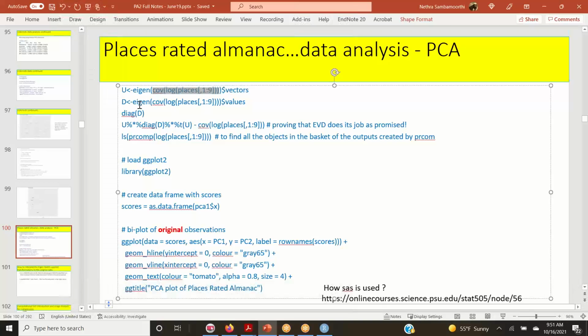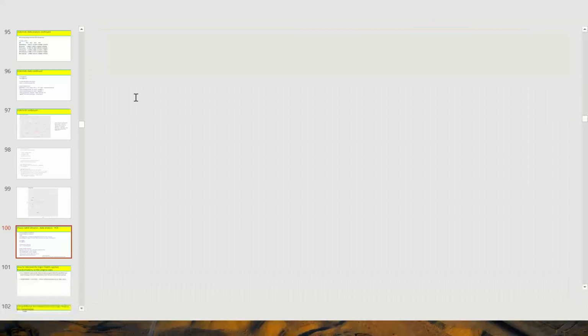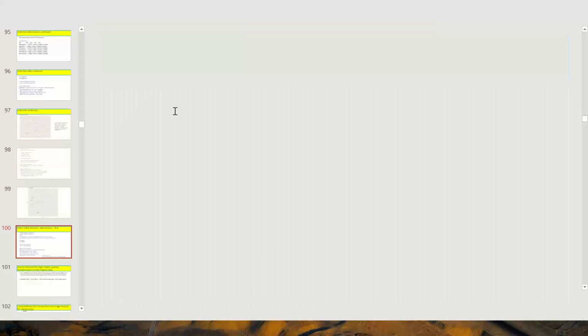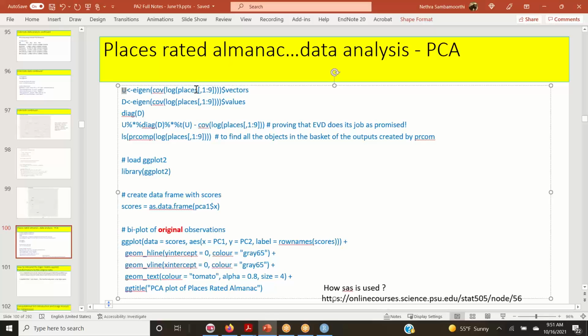And for that matrix, I'm doing the eigenvalue decomposition, and then I'm taking the eigenvectors and I put it in U. So U is my eigenvector matrix. Agreed? For the places data. I'm going to change it so that copy and paste is easy for me.